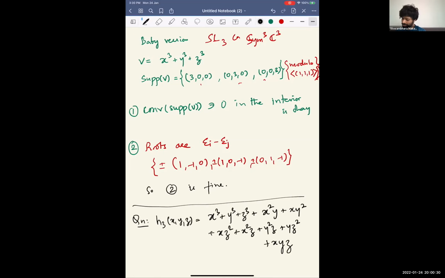And I'm going to ask you, is the orbit closed? The first condition is still going to be okay because the convex hull is more or less the same. But the second one is now trouble, because if you look at the exponent vectors, say for x cubed and x squared y, and you take their difference, it's 300 minus 210, and you end up with 1 minus 1 0. So the second condition, where the difference of things in the support is not a root, doesn't work.